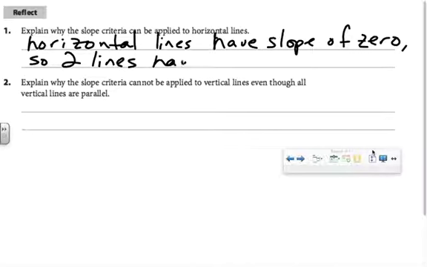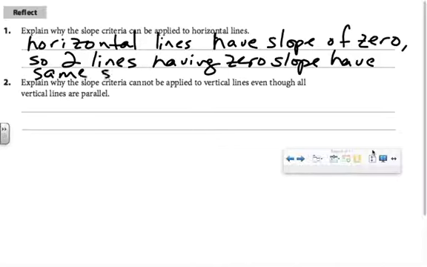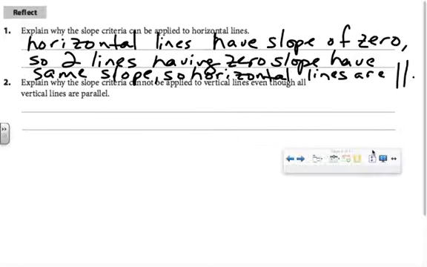So two lines having 0 slope have the same slope. So horizontal lines are parallel.